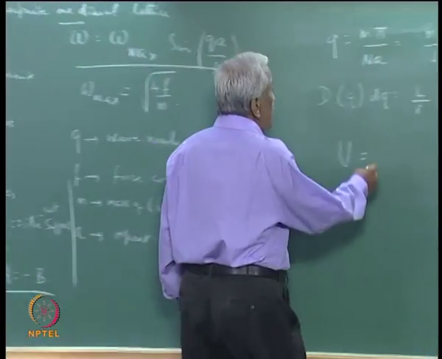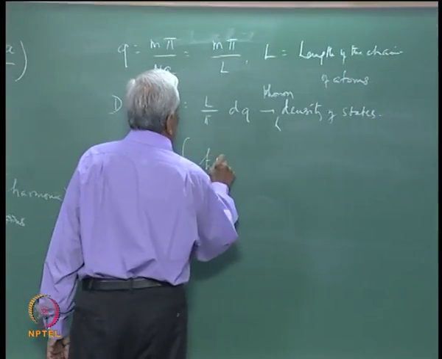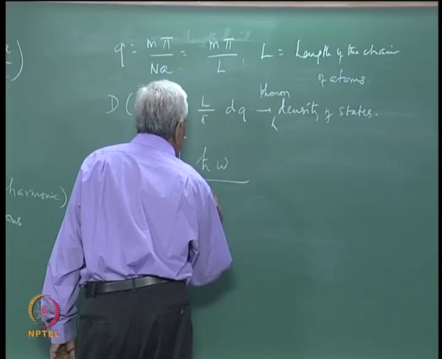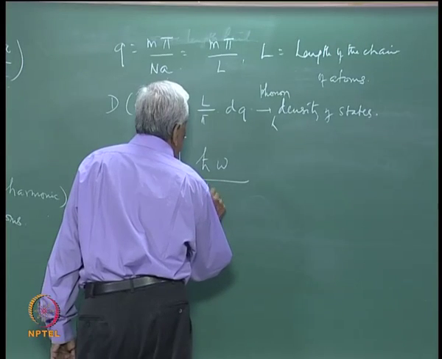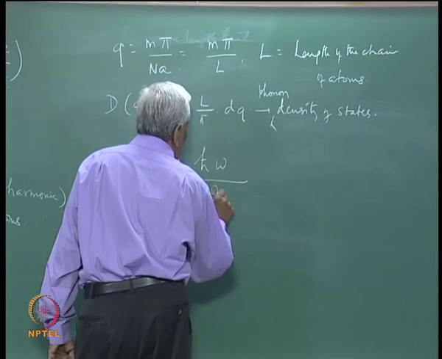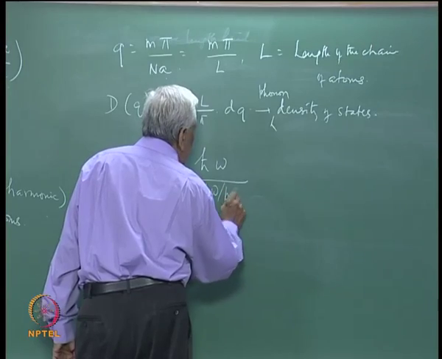So, again we find h cross omega by e to the power h cross omega by kBT minus 1.